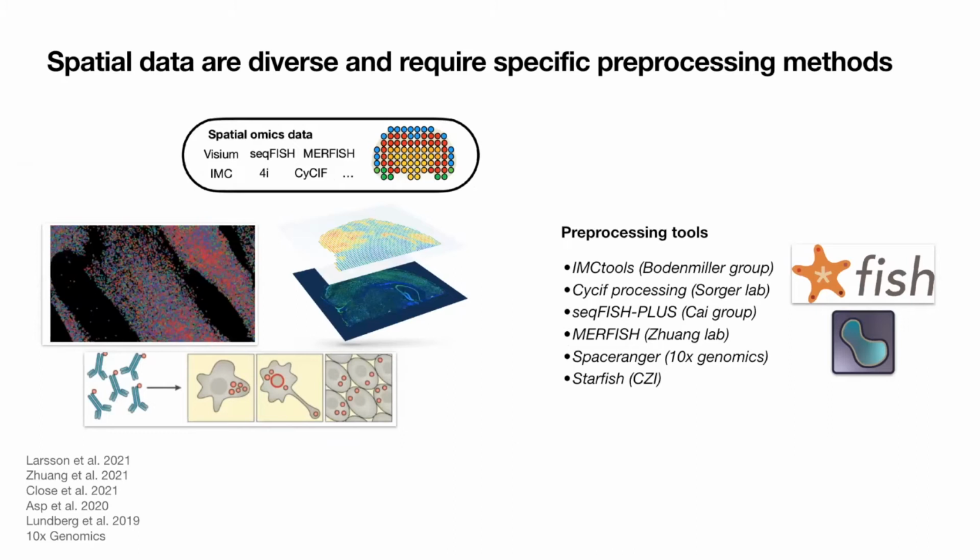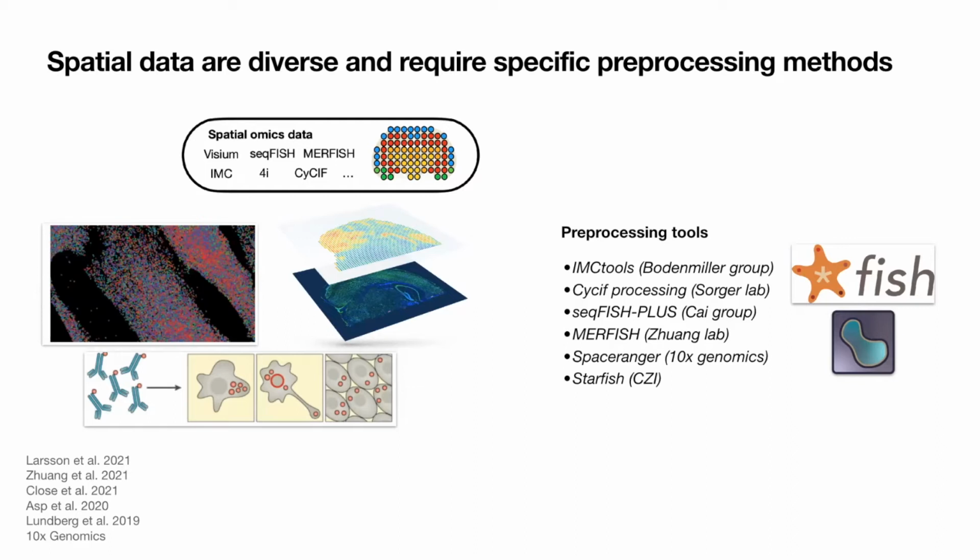As you are all probably aware by now, because it's also really nicely represented in this course, spatial data is very diverse. There are many different ways of how you could acquire the data, and you've learned all of this on Monday already. There are image-based technologies, in contrast to the sequencing-based technologies.